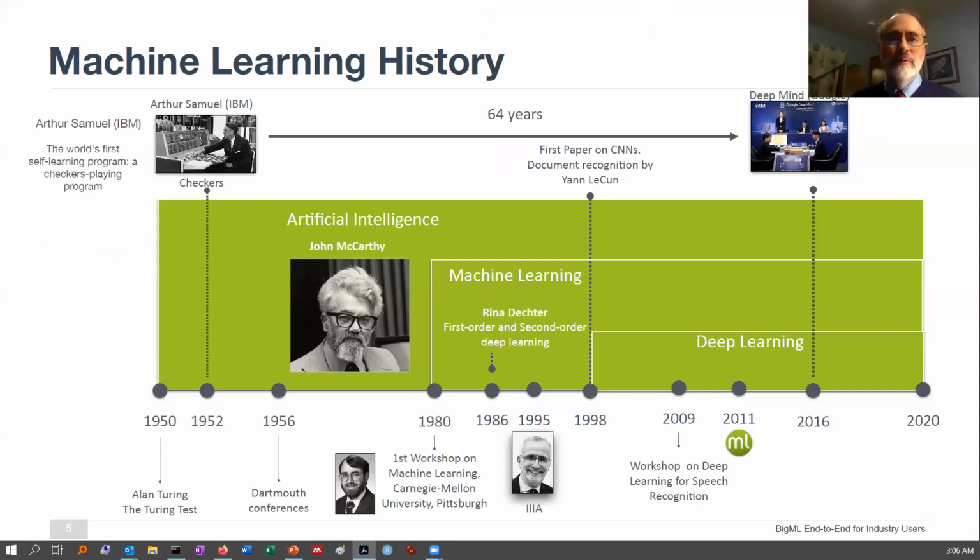And the first work in what would be called machine learning was done by Arthur Samuel, who's pictured here, who was working at IBM at the time. He designed the first reinforcement learning system to play the game of checkers, or noughts and crosses, and achieved a reasonably good level of performance. He wasn't defeating the world champion, but certainly much better than he himself could play.